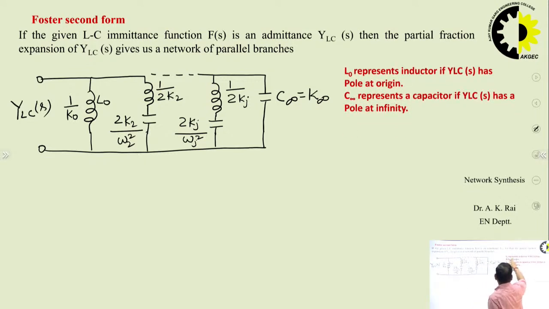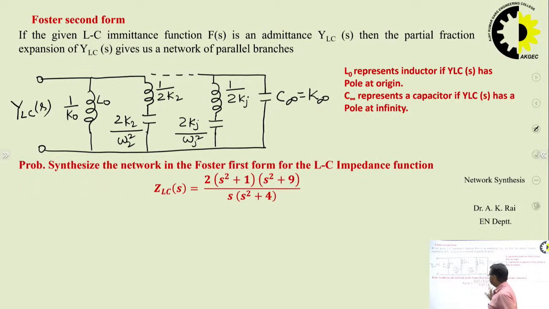So L0 represents an inductor if Y_LC has a pole at origin, and C infinity represents a capacitor if the LC function is an admittance and has a pole at infinity. So this term corresponds to infinity, this corresponds to the pole at origin, and this is the LC tank, conjugate imaginary poles.